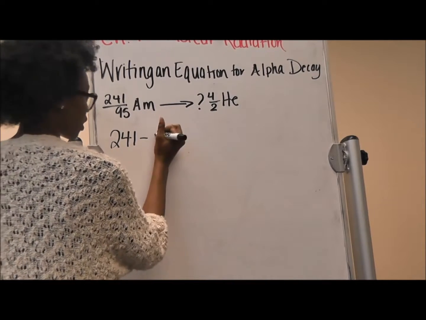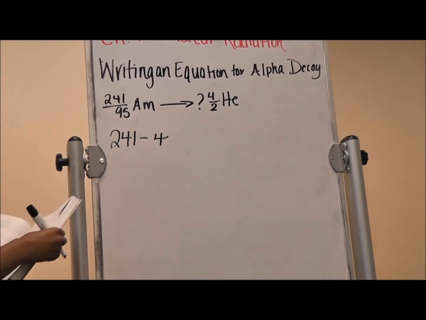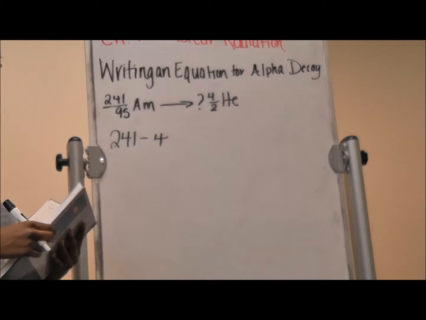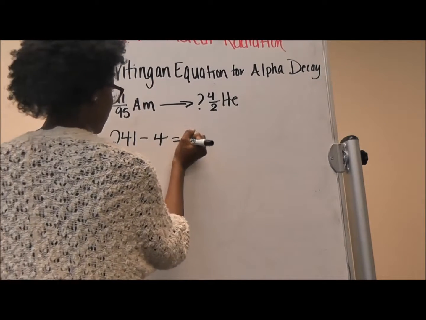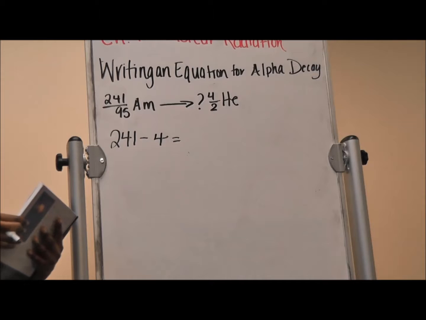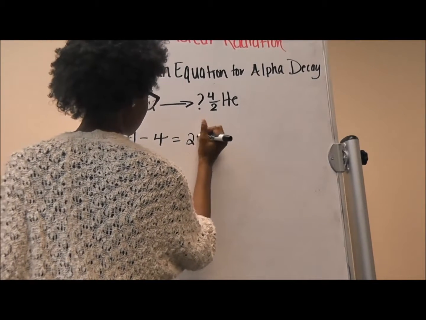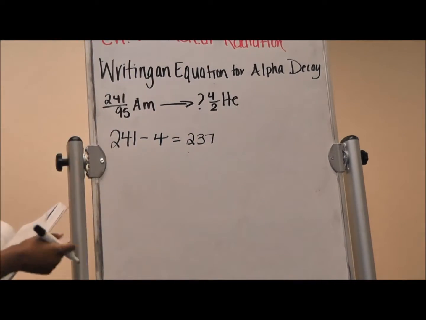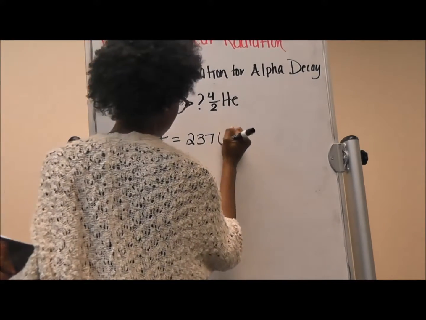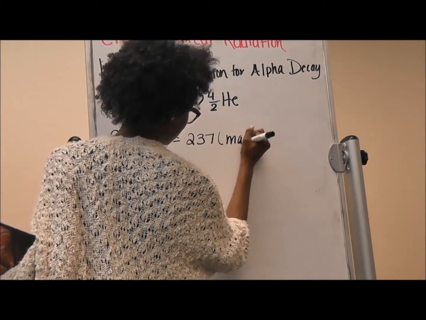This gives us the new mass number for the new nucleus, which is 237. So let's write that there.